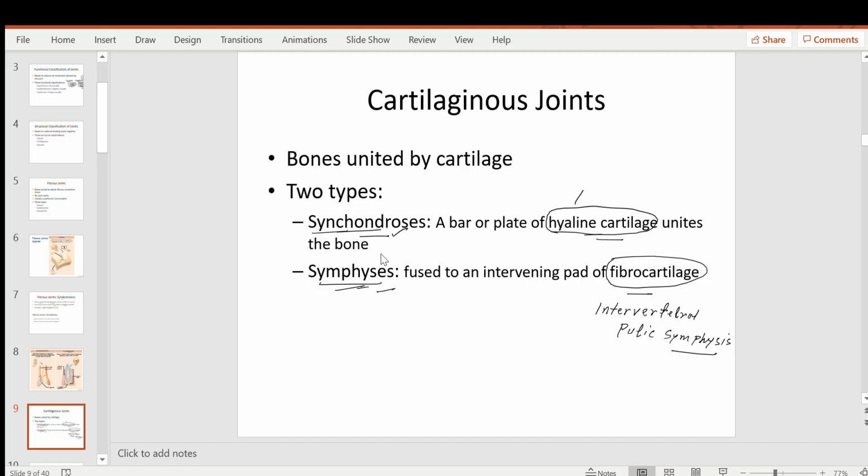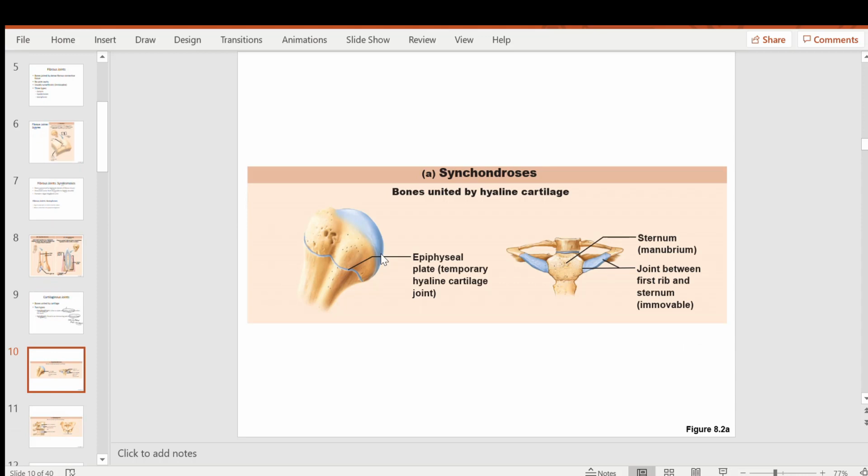Its name is symphysis. So those are the two types of cartilaginous joints. Here you see the examples of synchondrosis, hyaline cartilage. This is the first rib, and this is the manubrium of the sternum. So that is a synchondrosis.